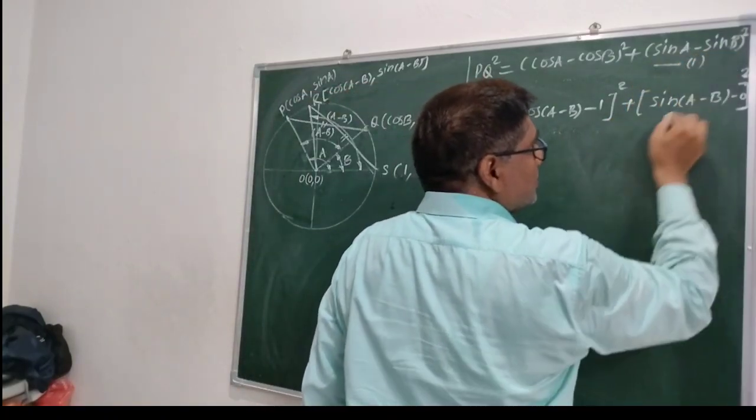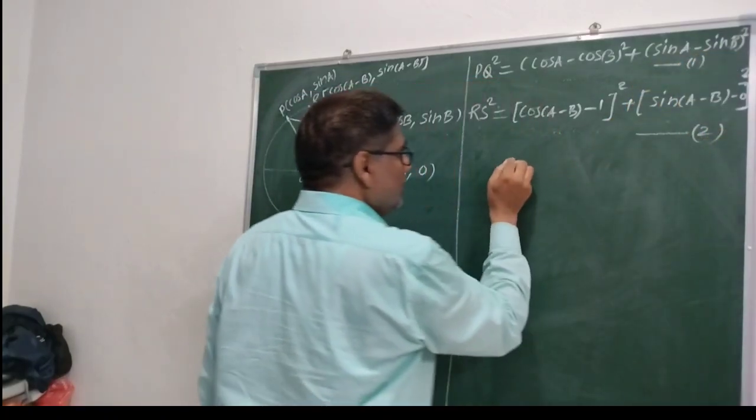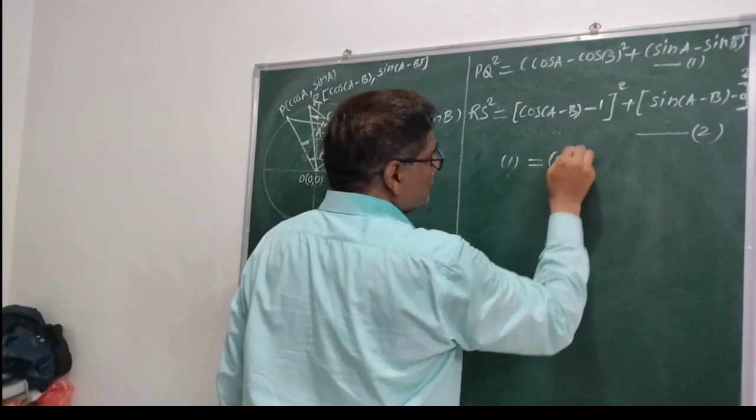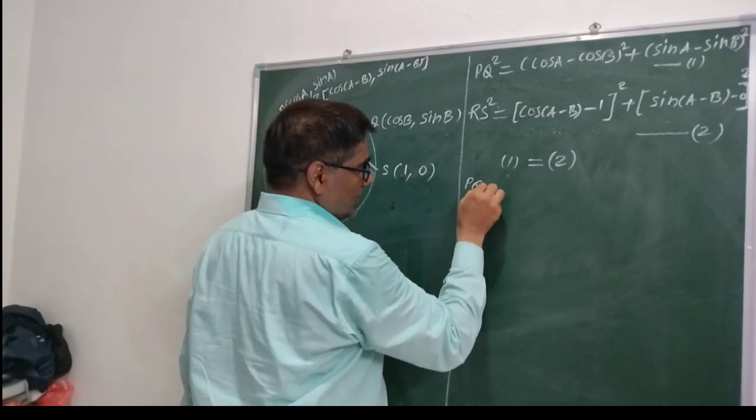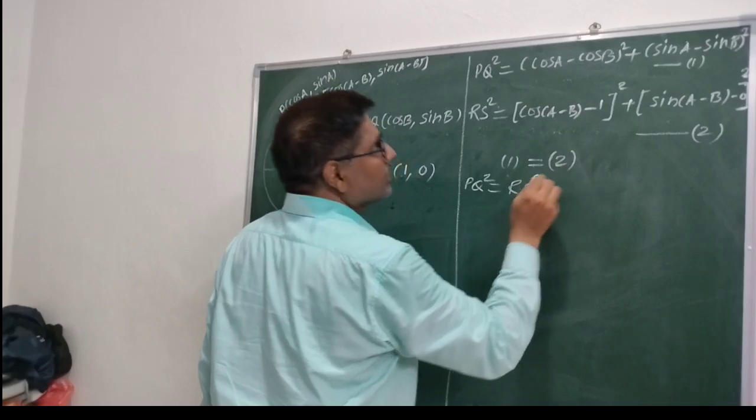Say this is equation 1 and this is equation 2. Equating equation 1 and 2, PQ square is equal to RS square.